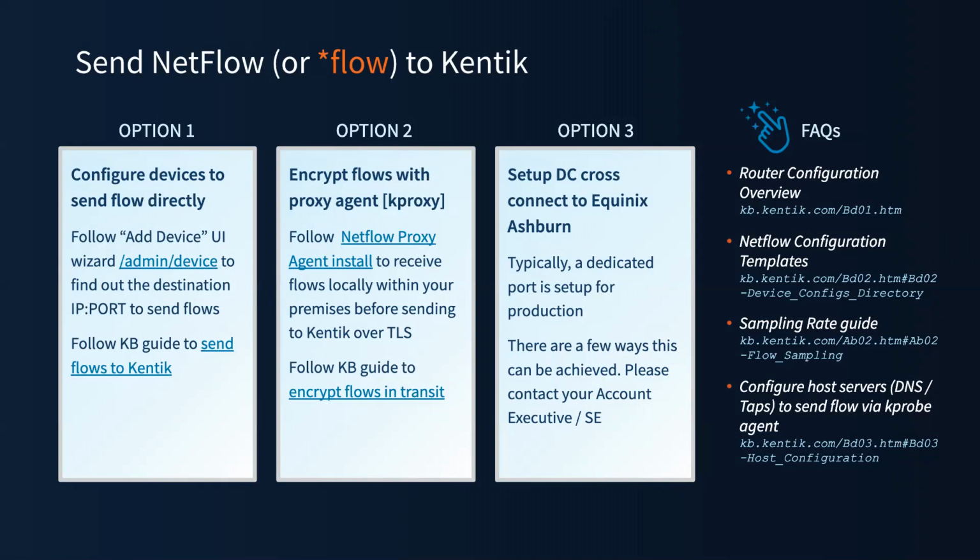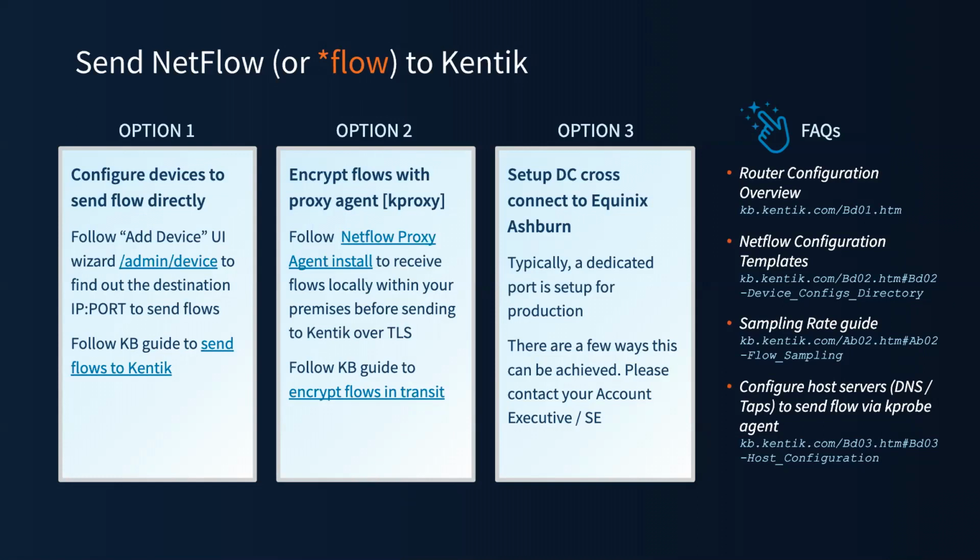Option one is when folks want to set up direct NetFlow to us, which is when we provide an IP and a port to you, and you would send the NetFlow to us in clear over the internet. Option two is when you would want to encrypt your flows locally in your premises before they leave your premises. For that, we have an encryption agent.